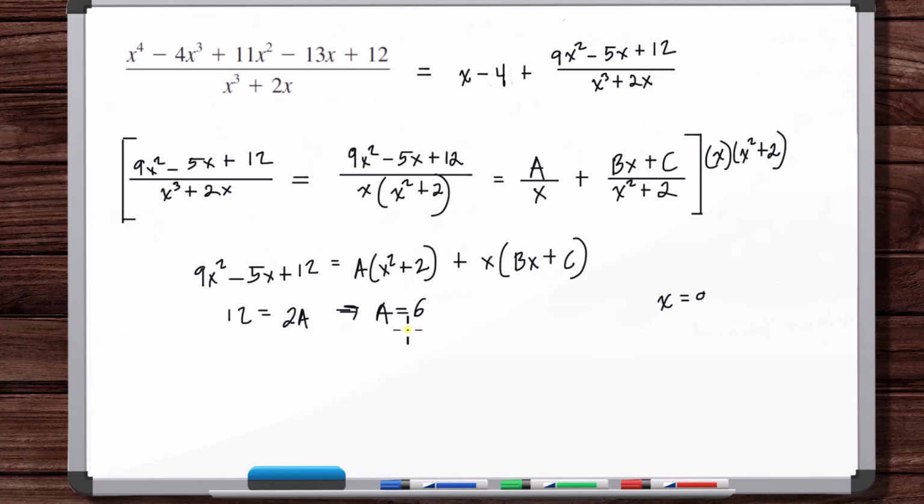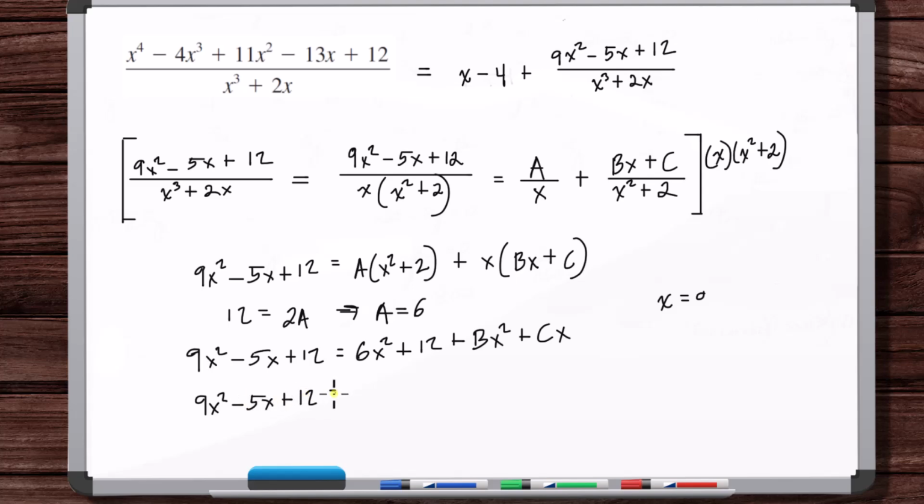And so, okay, now let's distribute everything. So 9x squared minus 5x plus 12 is equal to 6x squared plus 12 plus bx squared plus cx. So we've got 6x squared plus bx squared plus cx plus 12.